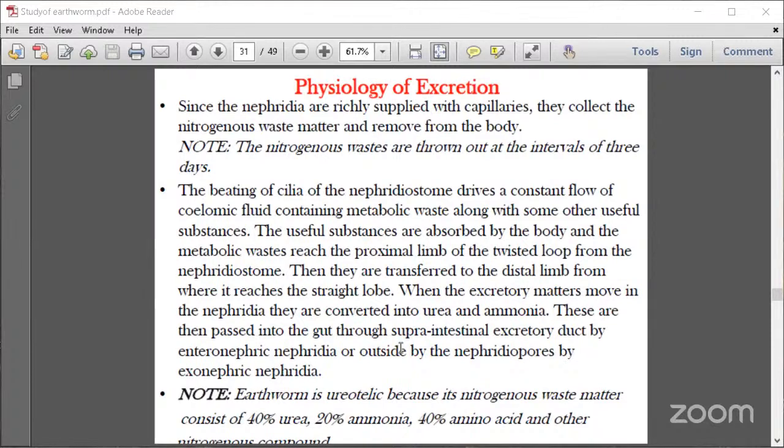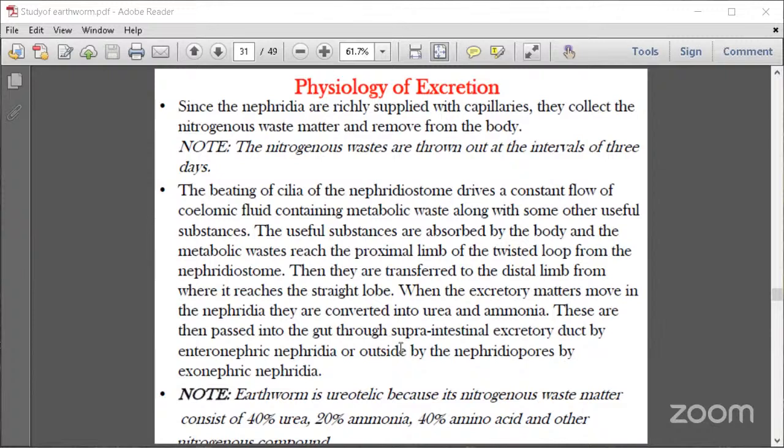And when coming to the physiology of excretion, since the nephridia are richly supplied with capillaries, they collect the nitrogenous waste material and remove it from the body. Here, the nitrogenous waste is thrown out at intervals of 3 days.